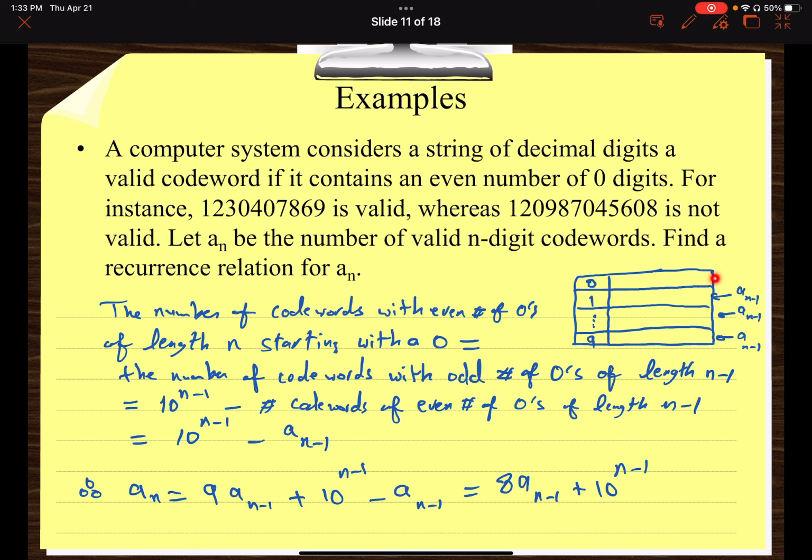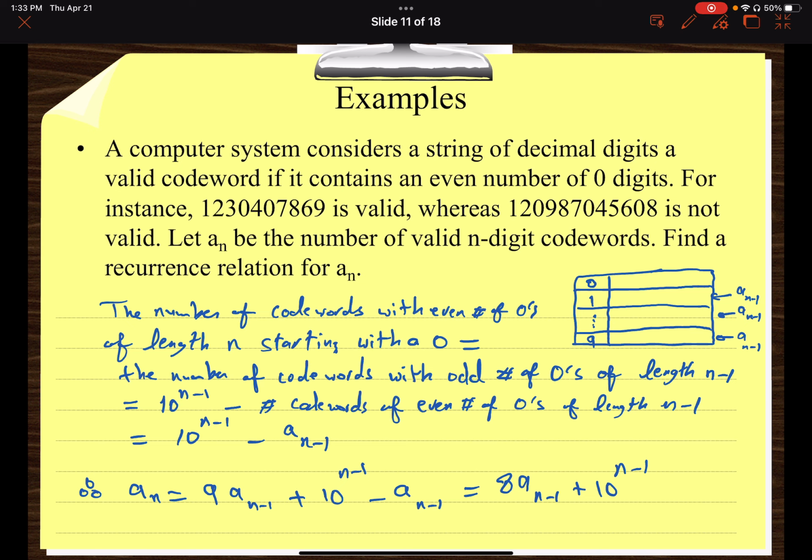Yeah, okay. Then, I need to find a number of code words with odd number of zeros of length n minus 1. I want to express this in terms of an, A, the number of valid code words. What is this equal to? Well, this equals all the code words of length n minus 1 minus a n minus 1, so the odd ones remain. Clear? Okay? Then how many initial conditions do I need? 2.